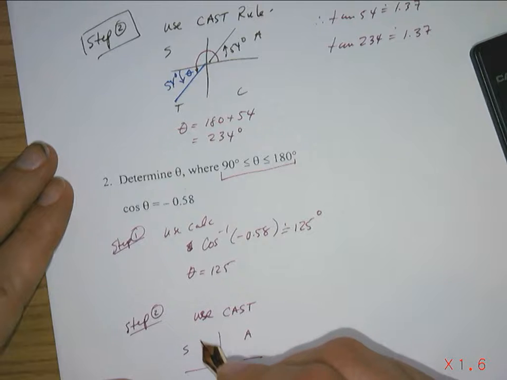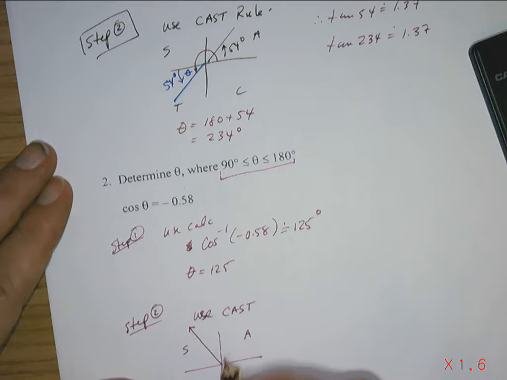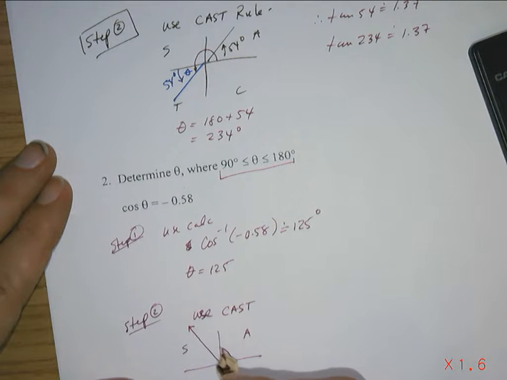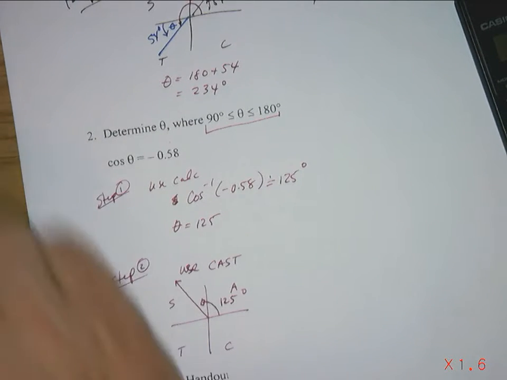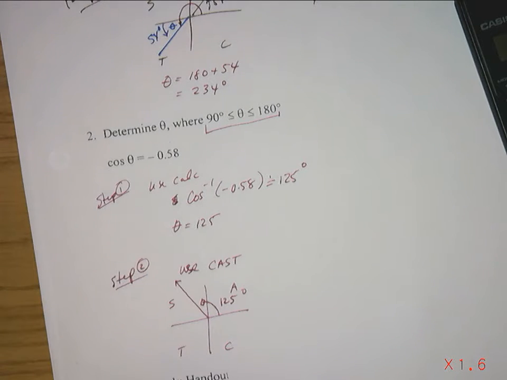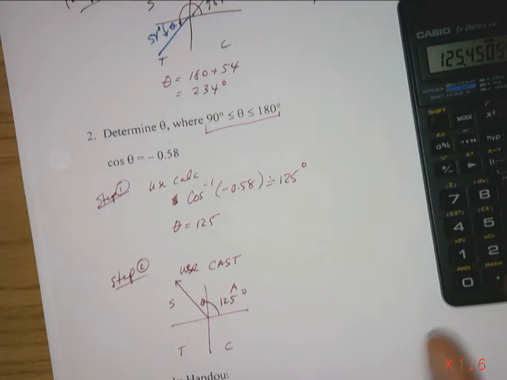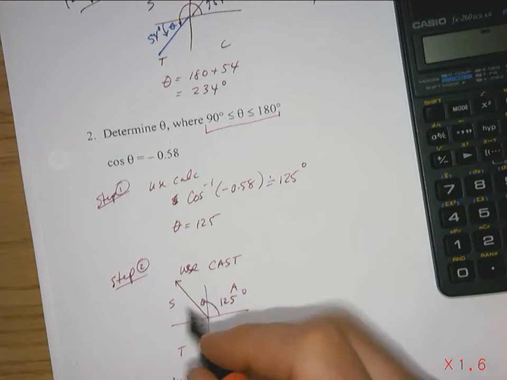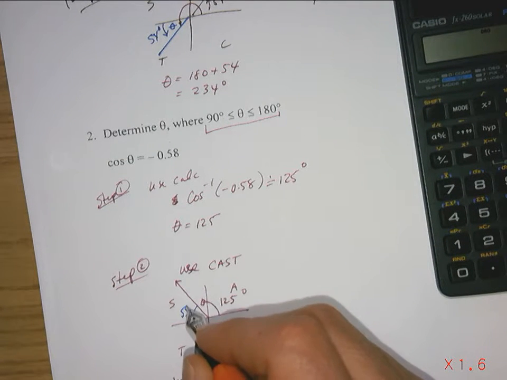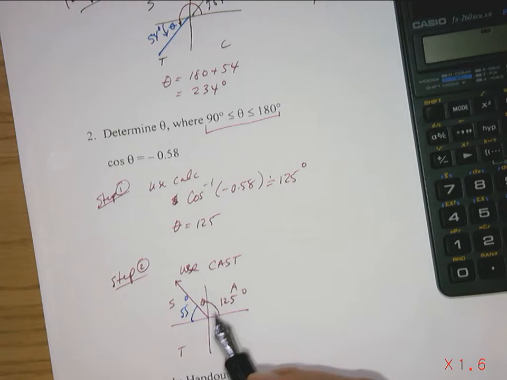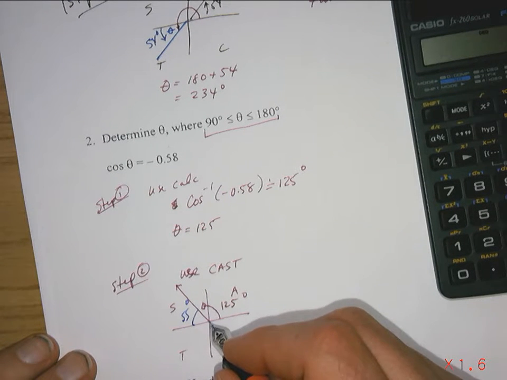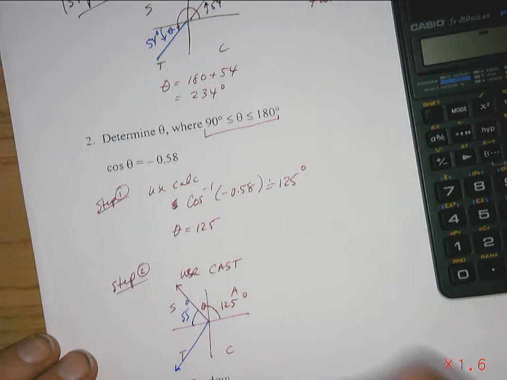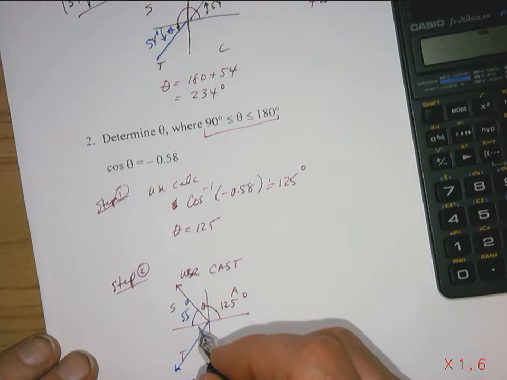So my first answer is here. That's 125 to get there. Okay, so what's the related acute angle for that triangle? Well, it'll be 180 minus 125. So that's going to be 55 degrees as a related acute angle. Where else is cosine negative? Cosine's negative here. So where would that related acute angle go?